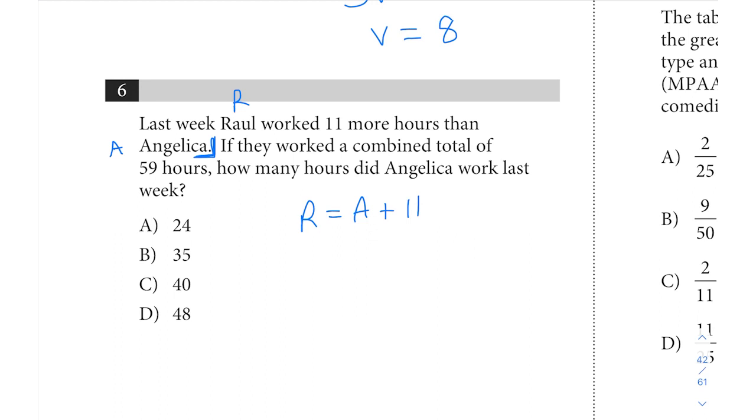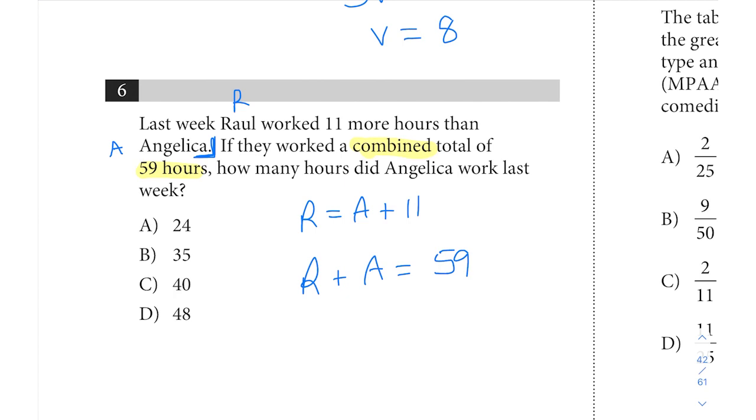If you add 11 hours to Angelica's work hours, then you'll end up with Raul's total. All right, if they were to combine total of 59 hours, so here this is combined, which means this would be Raul and Angelica's hours together is going to equal 59. And they want us to solve for A.